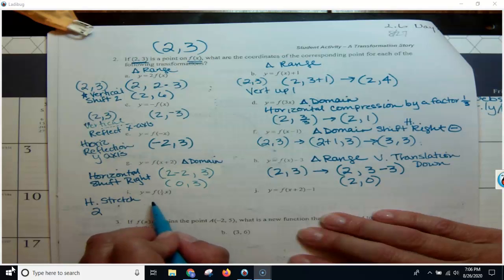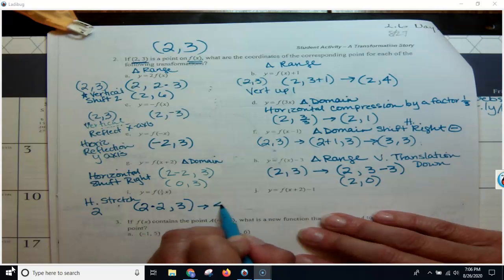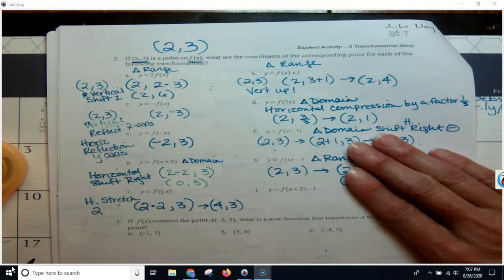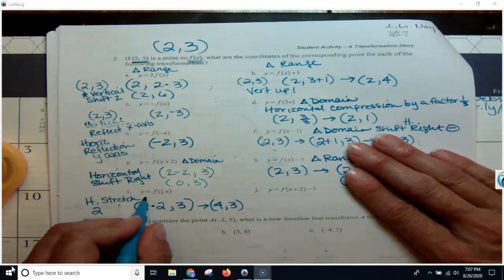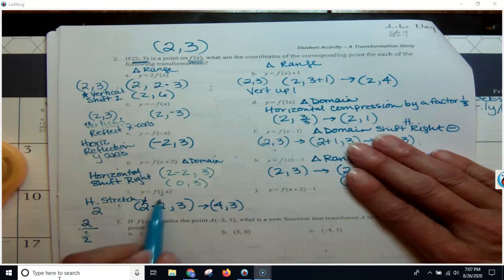So I'm going to take the original point 2 and multiply it by 2. The range doesn't change. So my new point would be 4, 3. This would be the same as if you took your x value of 2 and divided it by 1/2. So when you divide it, it's the same as multiplying.